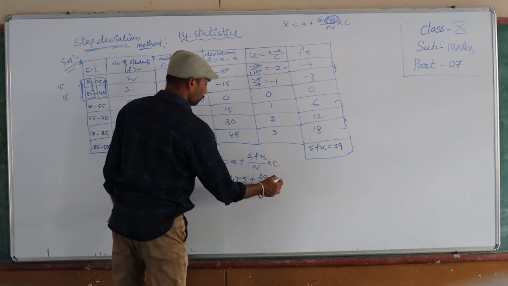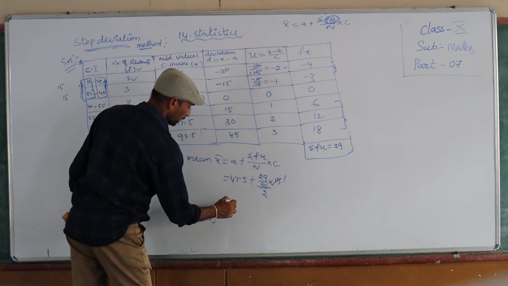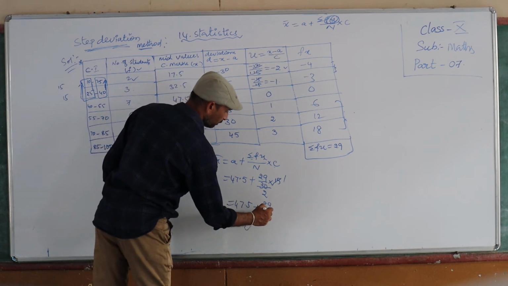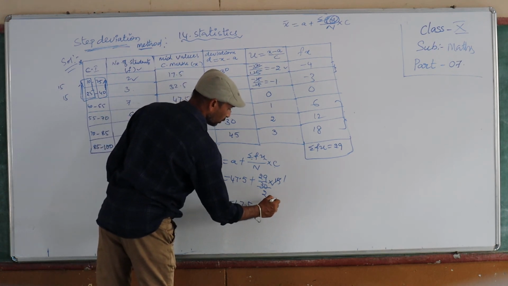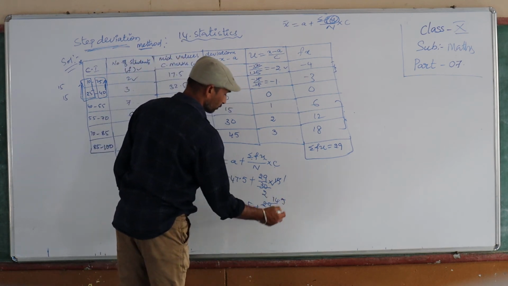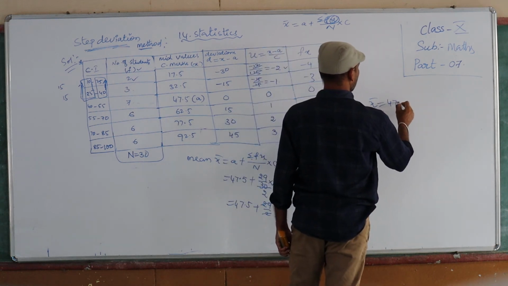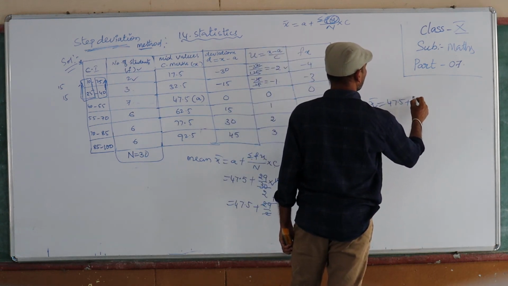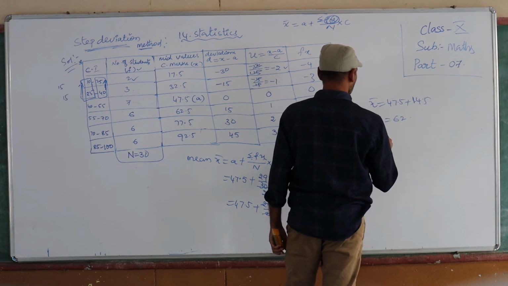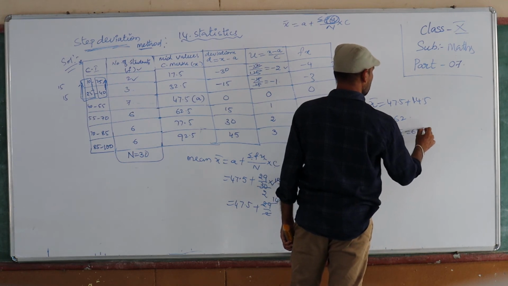So 15 ones are 15, 15 twos are 30, so 47.5 plus 29 by 2, which is 14.5. So x bar is equal to 47.5 plus 14.5, which is 62. So the mean x bar is equal to 62.